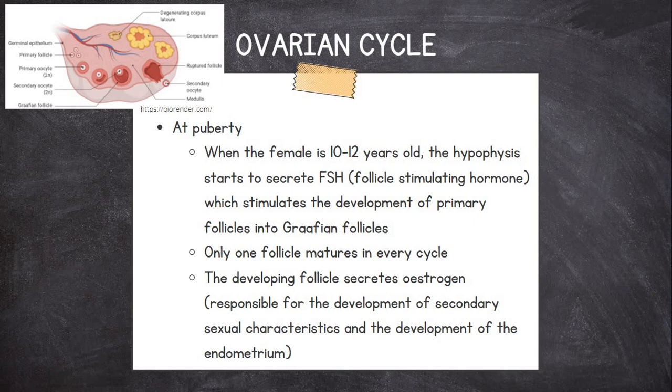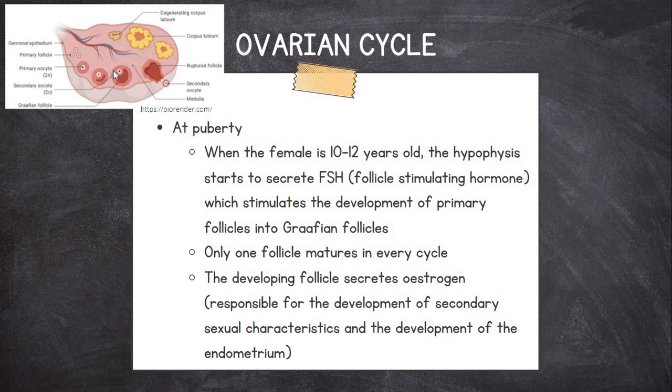So when the girl reaches puberty, this is usually between the ages of 10 and 12 years, the hypophysis starts to secrete FSH. Now, remember, the hypophysis is a certain part of the brain, and this will secrete FSH, follicle stimulating hormone, which stimulates the development of the primary follicles into Graafian follicles. So, in other words, the primary follicles will develop into the Graafian follicle.